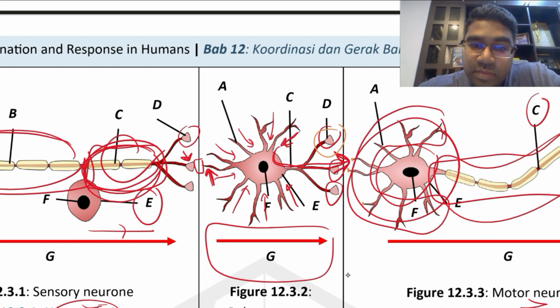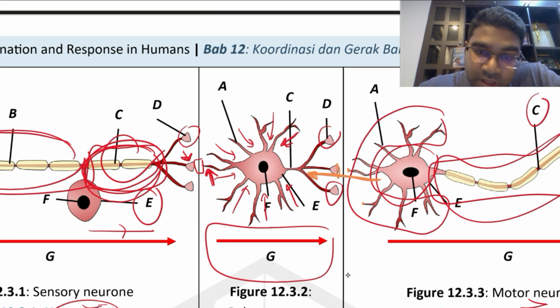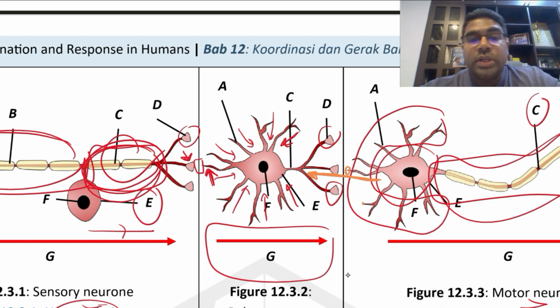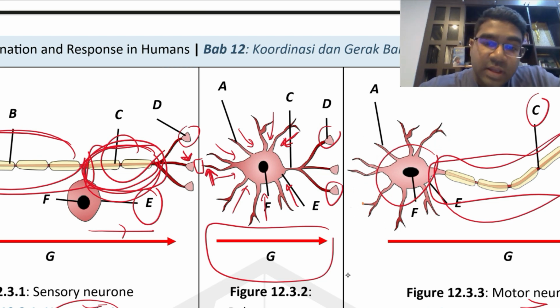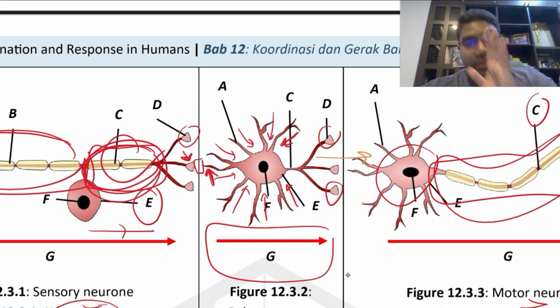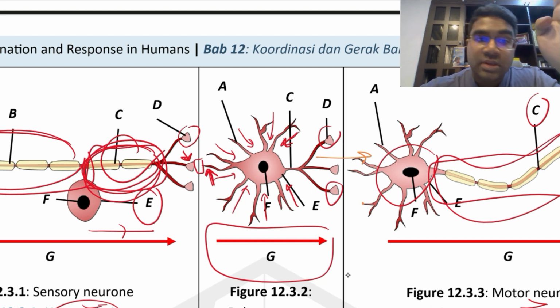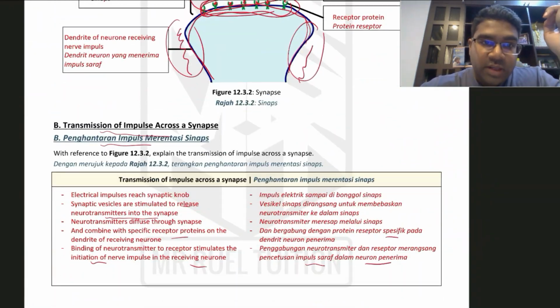So the nerve impulse cannot go backwards. Impuls saraf dia tak boleh ke belakang sebab di sini tak ada receptor. Di bonggol synapse tak ada receptor. There's no receptor on the synaptic knob. The receptor is only here. Okay. So dia memastikan yang impuls saraf hanya bergerak dalam satu arah saja. It only moves forward. Only moves in one direction. The nerve impulses.